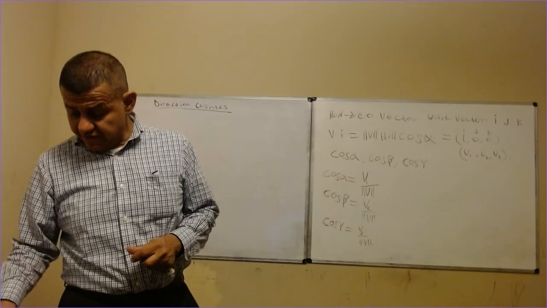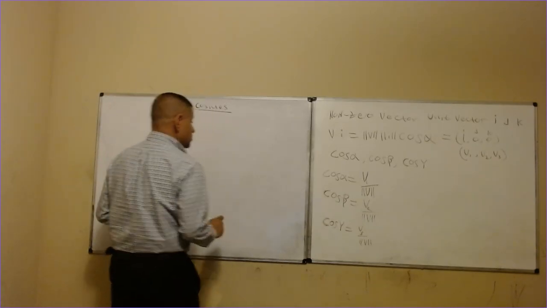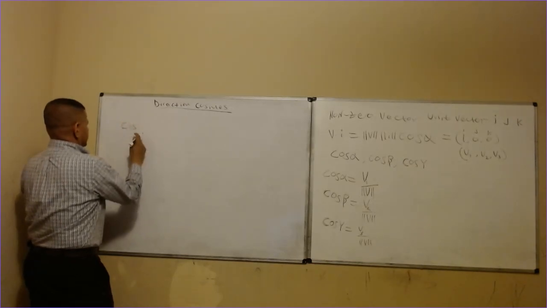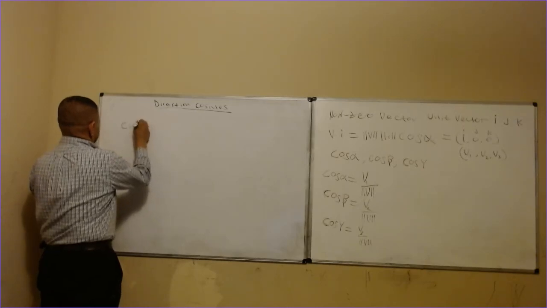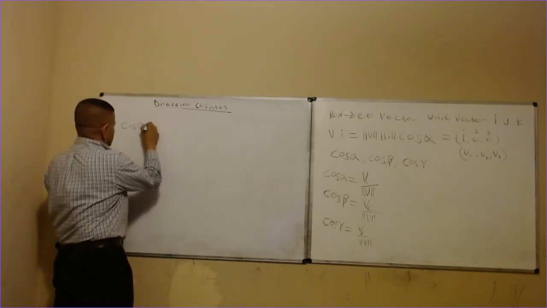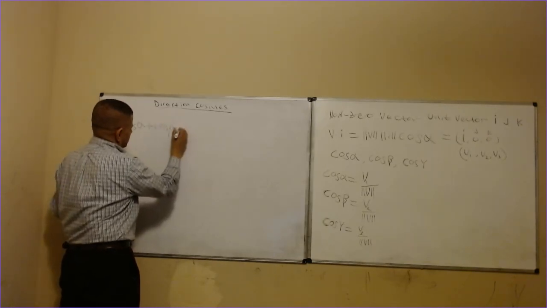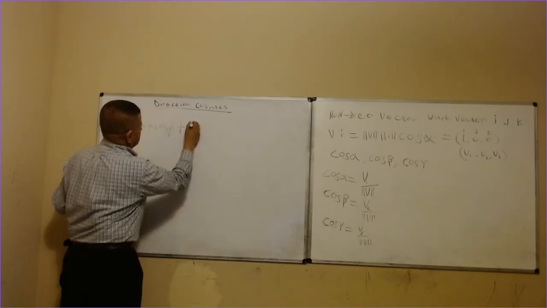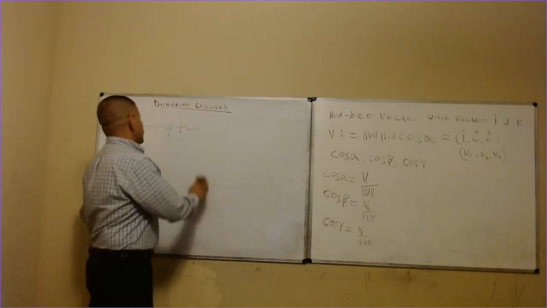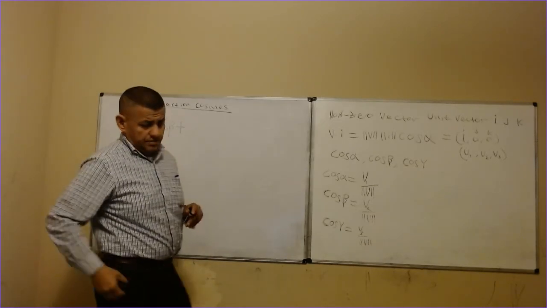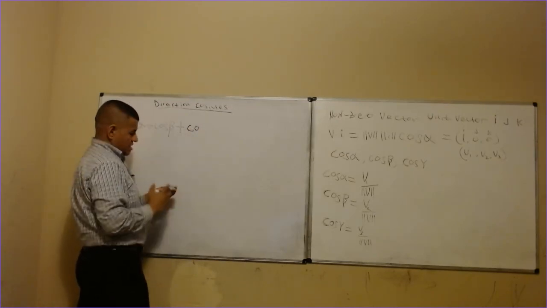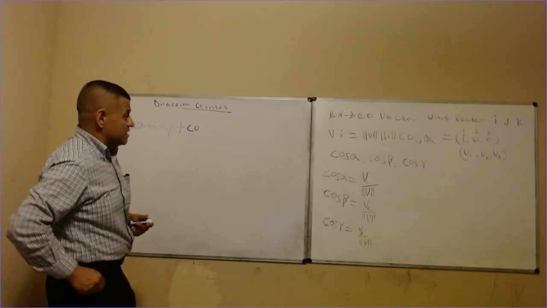Now we can write this in the form of, we can say that cosine of alpha plus cosine of beta plus, let me try the blue one. Let me use the blue one because it seems like this one is not working at all.